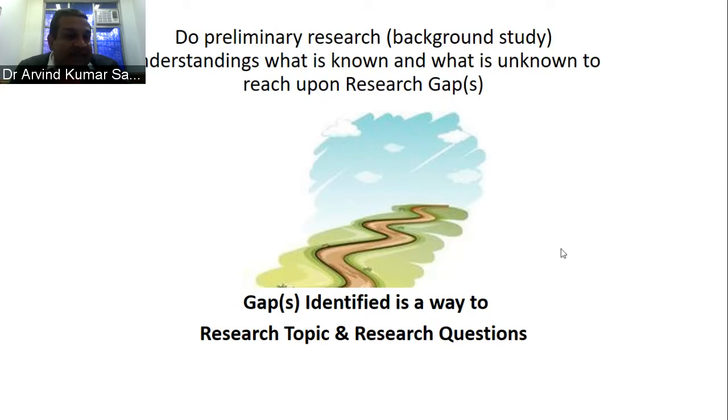The second step here is to do preliminary research, which we call a background study, to establish what is known in the area of research and what still needs to be researched, so that we can reach the research gaps. And believe me, the gaps identified are the way to the research topic and research questions.